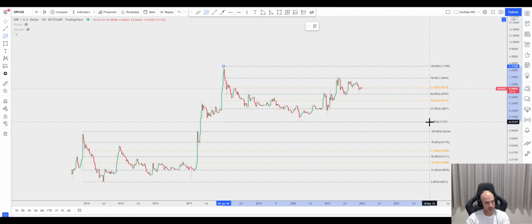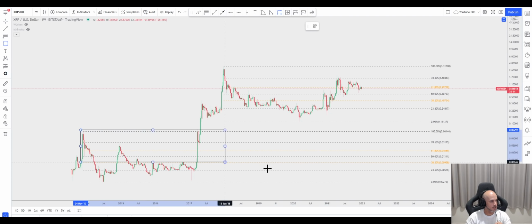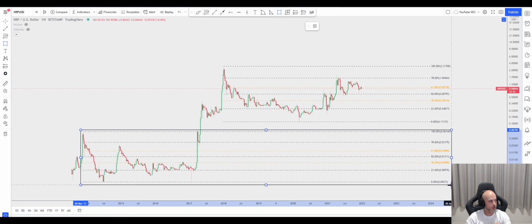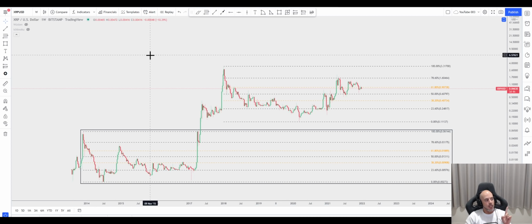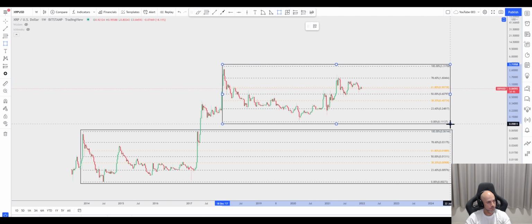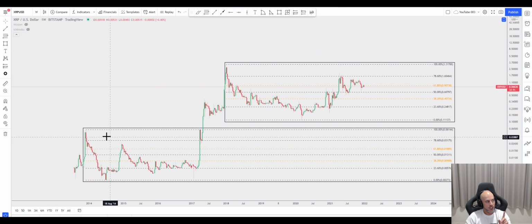I already explained this a long time ago. This is the previous structure. Now, and this is the current structure. So, did this structure right here end up with a marginal bull break?